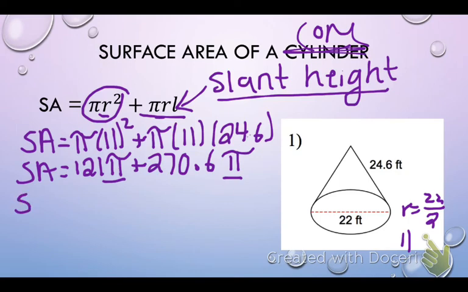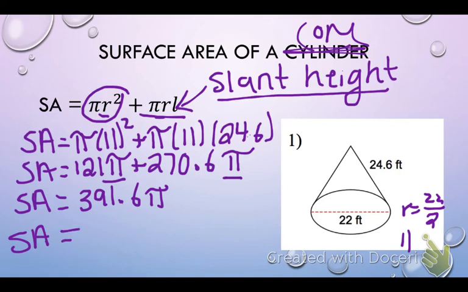So my answer in terms of pi is going to add 121 plus 270.6, and I'm going to get the surface area to be 391.6 pi. That's my answer in terms of pi, because when we have circles, write it in terms of pi.